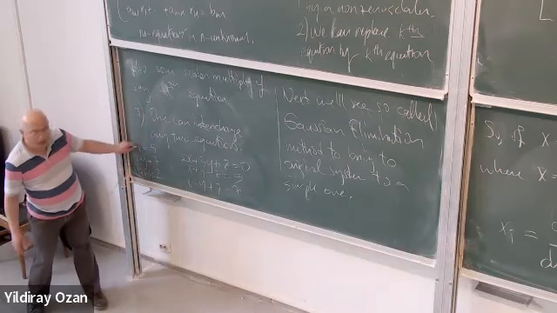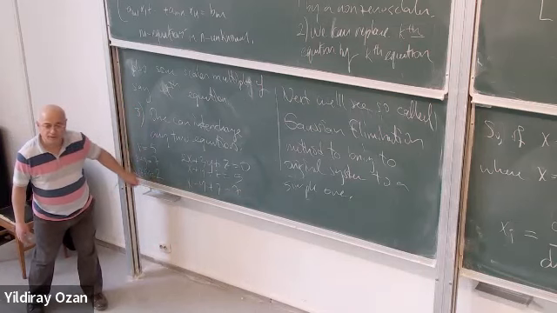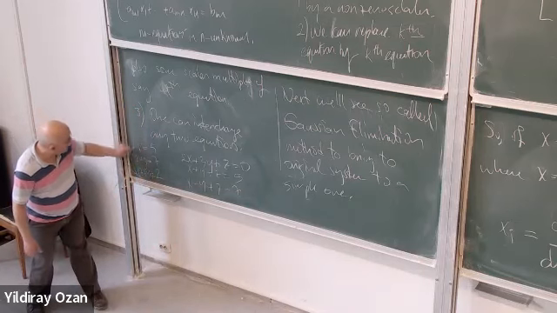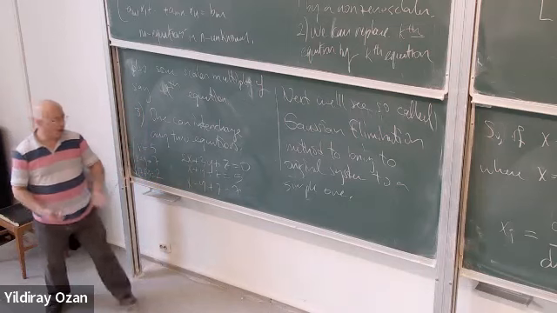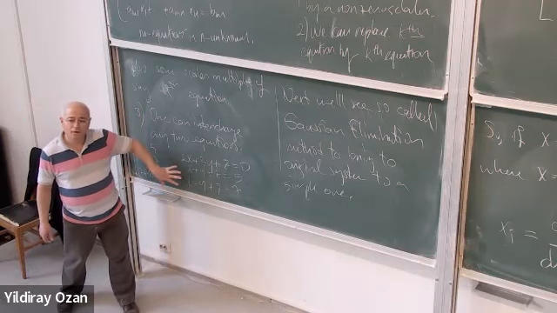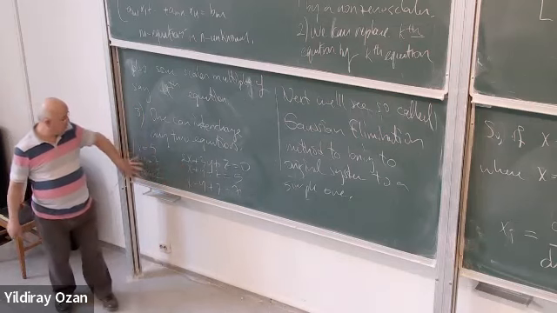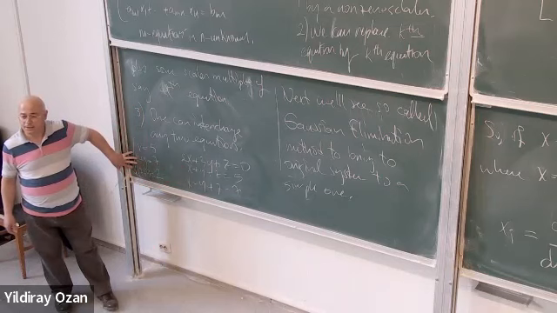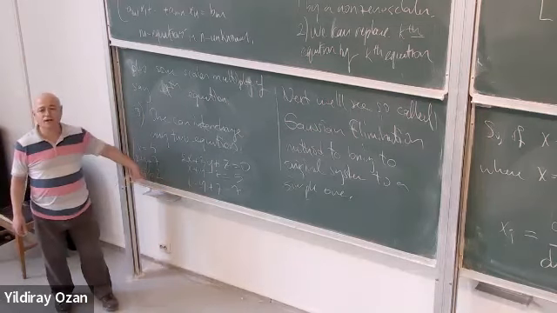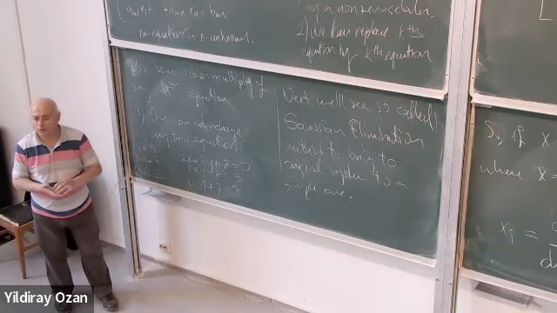Sure. x is 5. From this, I can find y easily, and from this, we can find z. So this is the simpler form. We will see a systematic way of converting this system of equations to a system like this, so that you can easily write down the solution. The solution becomes obvious.